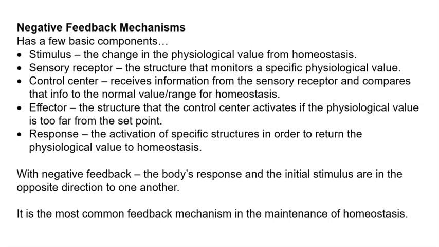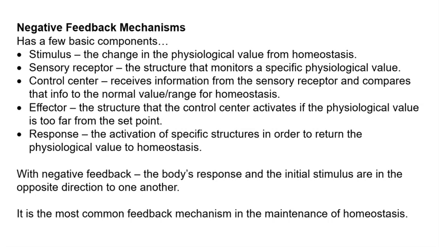So for example, when our body temperature rises, becomes too warm, the stimulus of our body temperature rising, the response of the body is to sweat and bring blood flow closer to the surface of the skin. Both of those responses are going to have the effect of reducing body temperature, getting rid of some of that excess body heat.